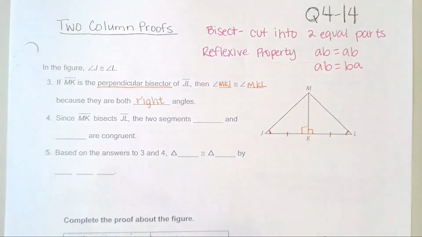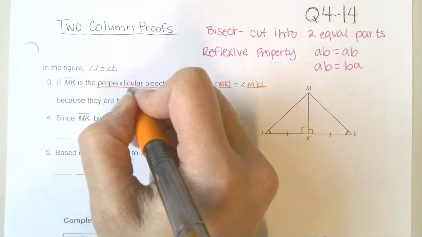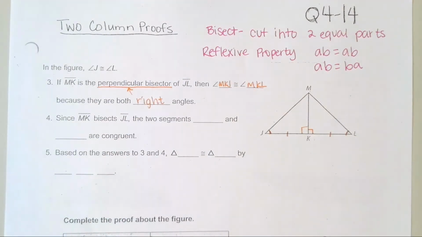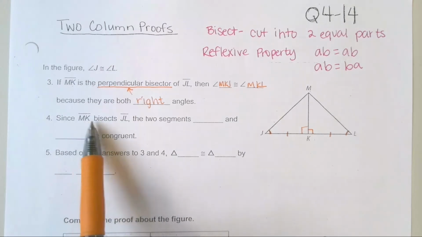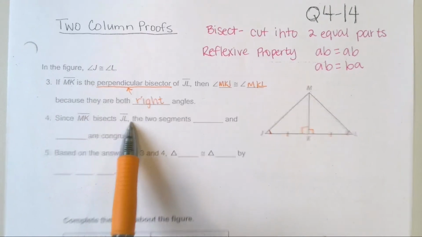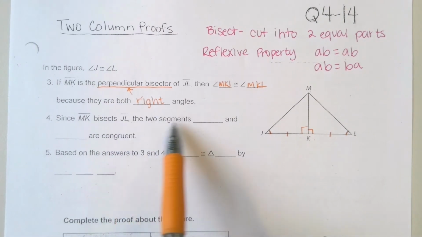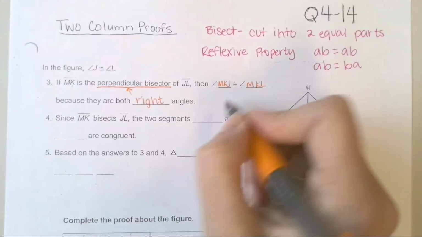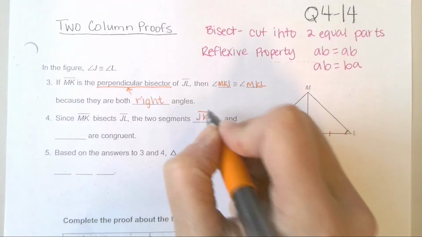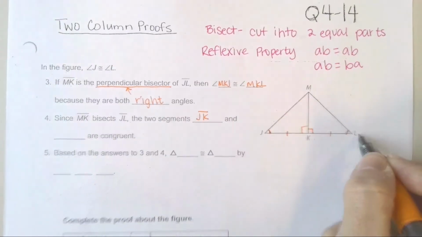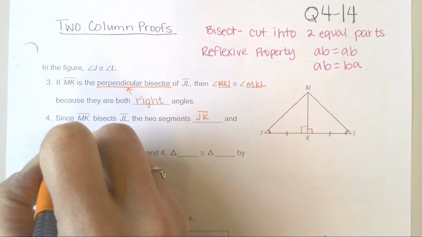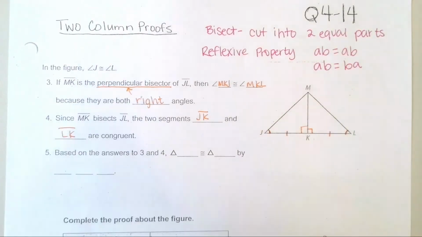And we know that because of this word perpendicular. So then we have, since MK bisects JL, the two segments, first one is JK and LK, or KL, are congruent.